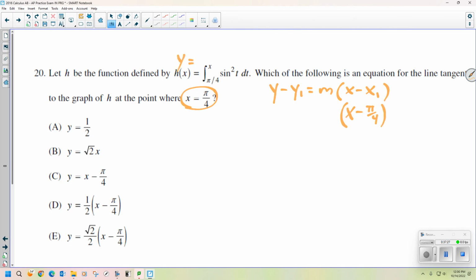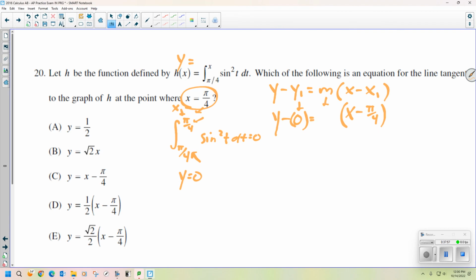That's y equals the integral from pi over 4 to pi over 4 of the sine squared of t dt. By the way, anytime the bounds are the same, the answer is always 0. So y equals 0. That was nice. y minus, there's my 0.